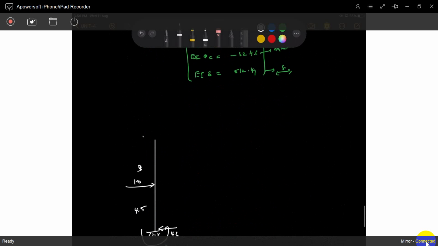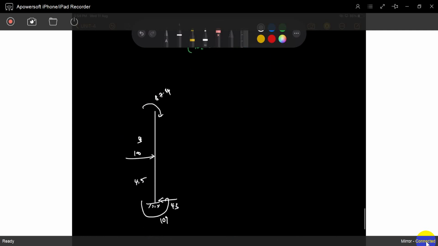This is positive, its value is 87.4. If you observe, this is 40, this is 100, this is 43. So compulsorily it will also happen. What is that value? It is 57.